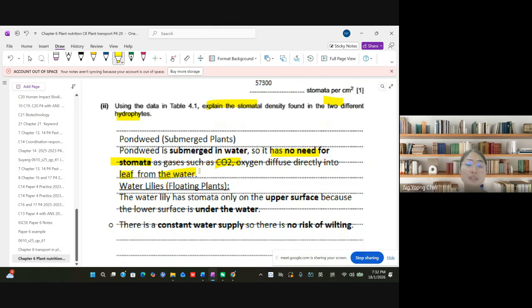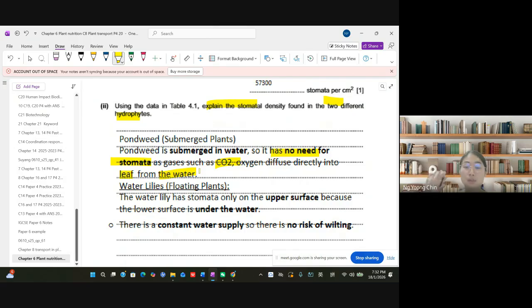Stomata take in gas in the gaseous state, the oxygen and carbon dioxide go in and out of the stomata in gas form. Since the submerged plant is fully immersed in the water, it cannot contact the air, only water.